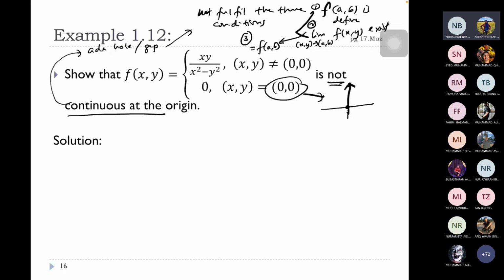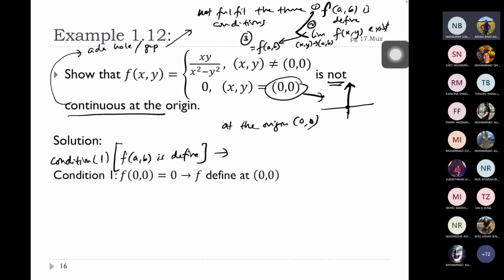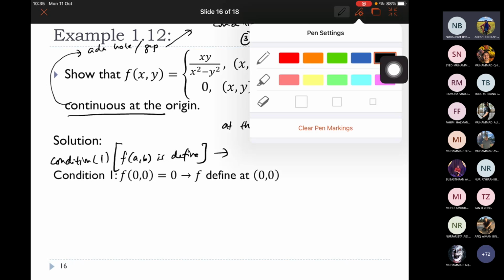Okay. So menggunakan syarat-syarat tu, kita tengok condition pertama. Okay. Condition 1, yang mana dia mengatakan f a b is defined. So kalau tengok condition ni, f at the origin, meaning that 0, 0. Dia punya point adalah 0, 0.